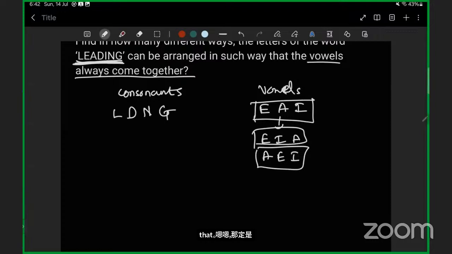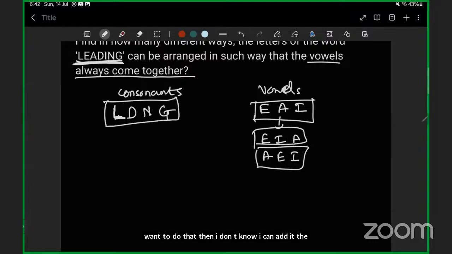So if I want to do that, I can arrange these 4 entities, with the vowel group as one entity itself. So I'll write 4 factorial and 3 factorial.